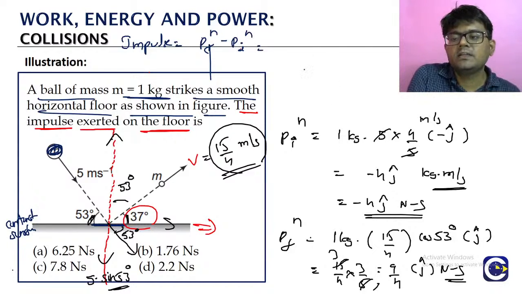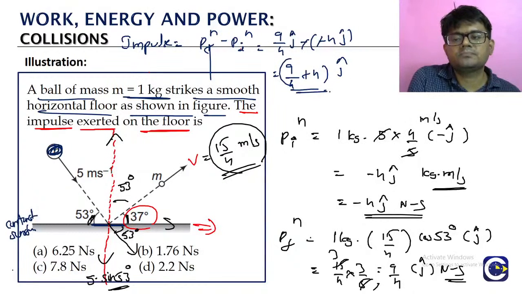So what is it? 9 by 4 j minus initial, minus 4j. Minus minus becomes plus. So 9 by 4 plus 4 into j. That is the direction of the impulse.